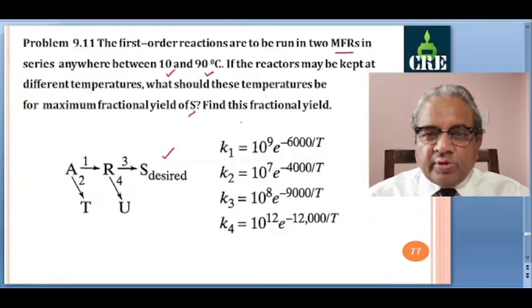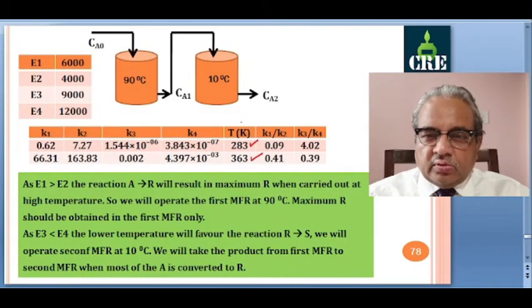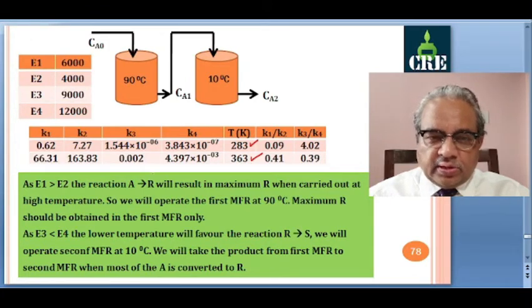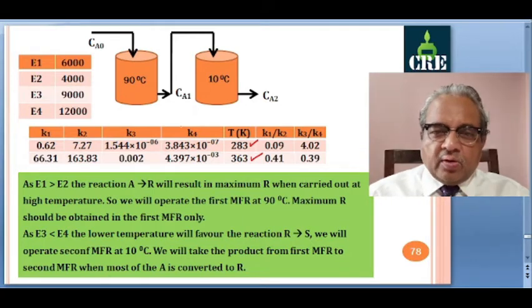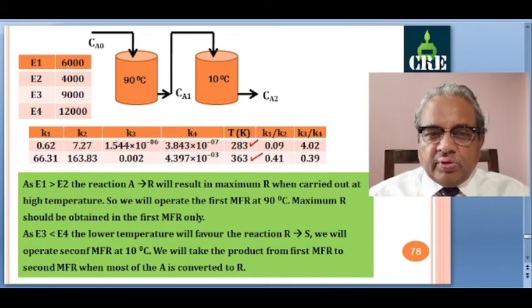So we have to operate between 10 and 90, so 10 degrees Celsius plus 273 and 90 plus 273. So 283 and 363 are the temperatures. At these temperatures, we have found out K1, K2, K3, K4. So these 8 values we have from the given values of frequency factor and activation energies.